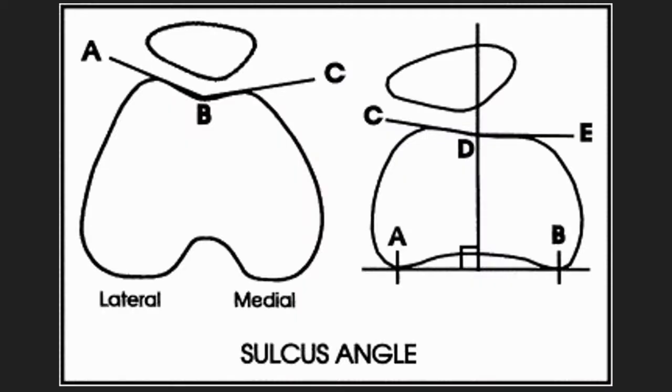So just to review the findings in this case so far, we found that the patella alignment, at least on the Merchant view, was within normal limits. We found that the sulcus angle was slightly diminished, but of unknown significance because it was within 6 degrees of the normal range.